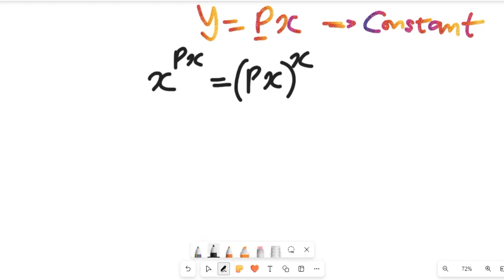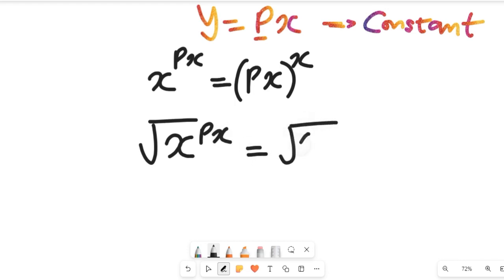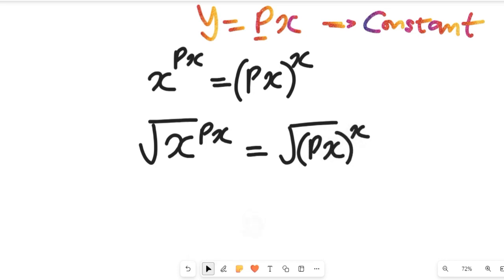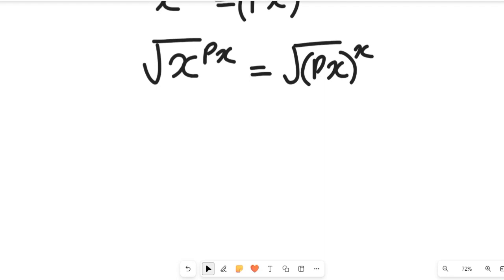If I take the square root of both sides, I'm going to have x to the power of px to be equal to the square root of px to the power of x.